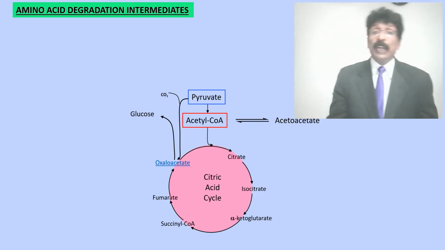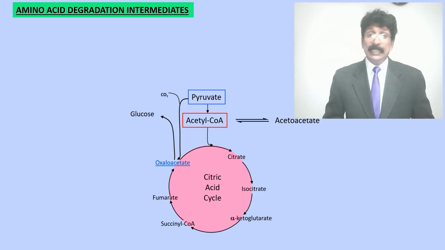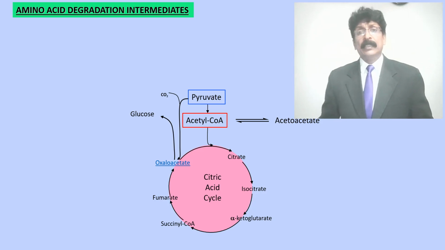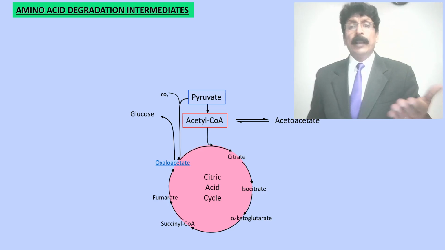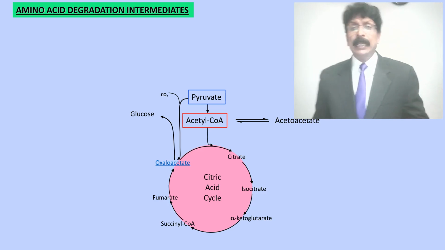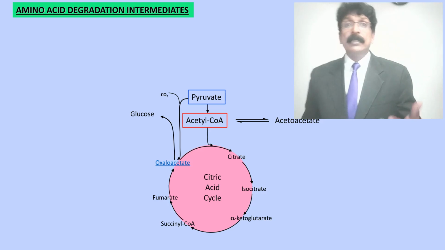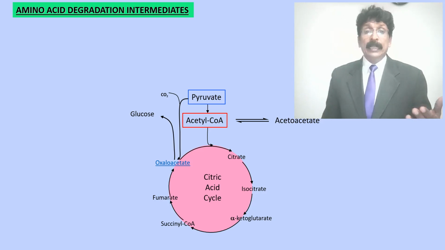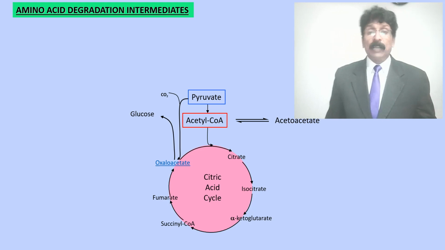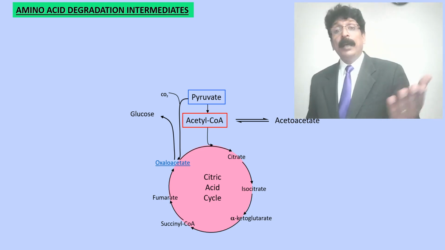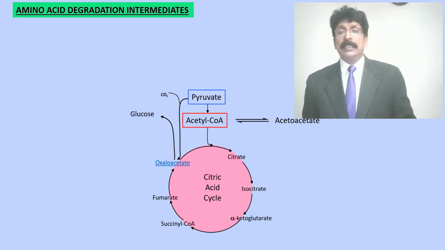Once you write this structure, this is what you studied in the biochemistry of the TCA cycle, citric acid cycle. You have to write pyruvic acid can be converted into acetyl-CoA, and it can enter into citrate, and it will convert into isocitrate, alpha-ketoglutarate, and succinate, fumarate, oxaloacetate, and back glucose can also be formed, and acetyl-CoA or acetoacetate can also be formed.